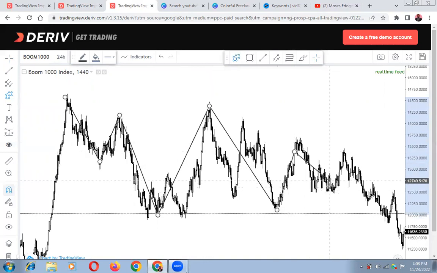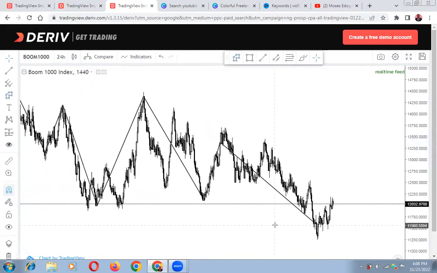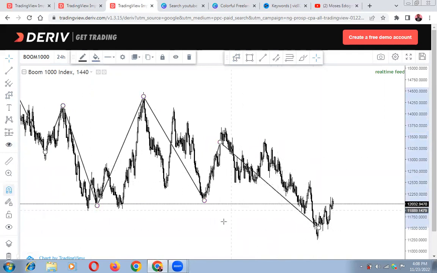Price keeps going down. Now, within all these places, there are going to be different moves on lower time frames, and how to catch all these ones, we're going to do all that. But this is basically how you trade market structure.